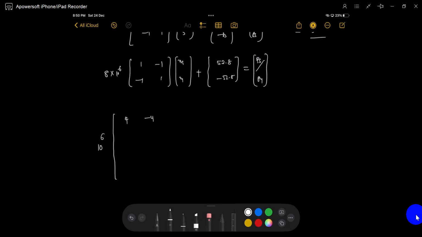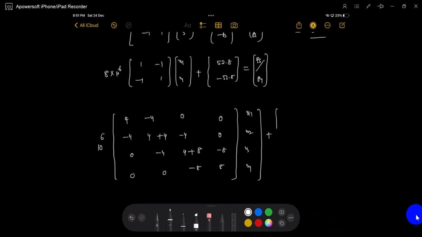So 4 minus 4, minus 4, 4, then 8 minus 8, minus 8, 8, and the remaining entries are 0, multiplied by U1, U2, U3, U4, plus the thermal forces: 33, minus 33 plus 33 for the second element, minus 33 for the third element, 52.8, minus 52.8, equal to P1, P2, P3 and P4.